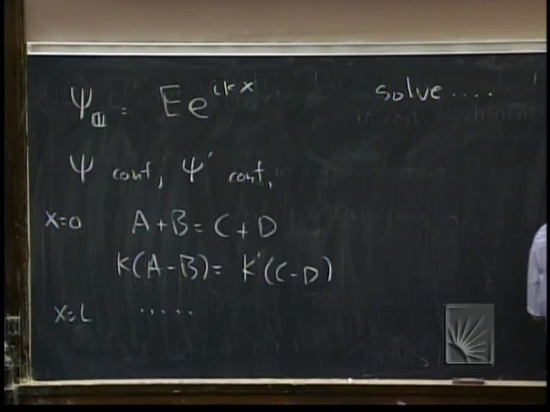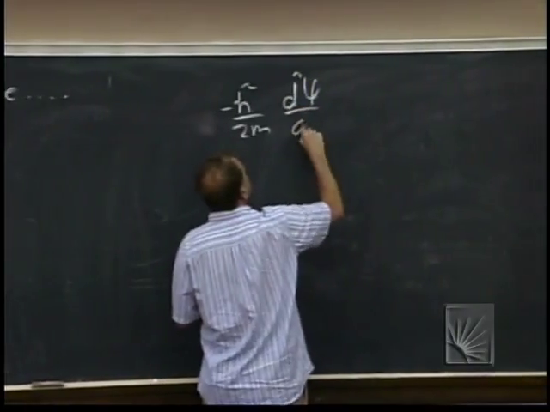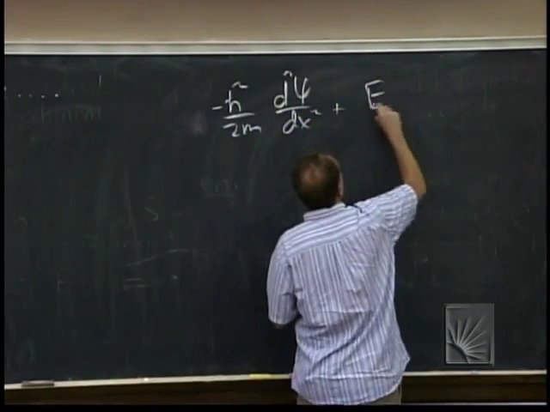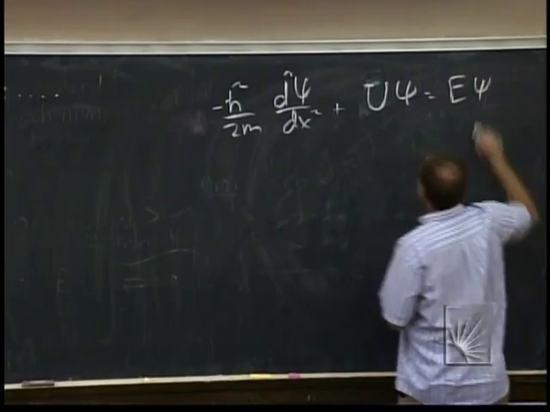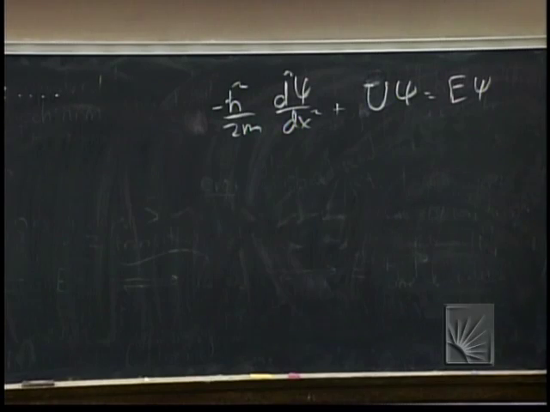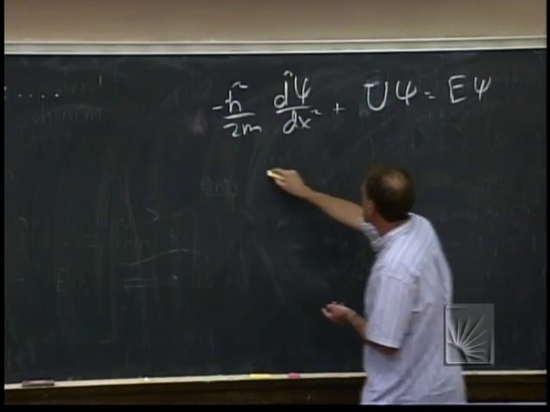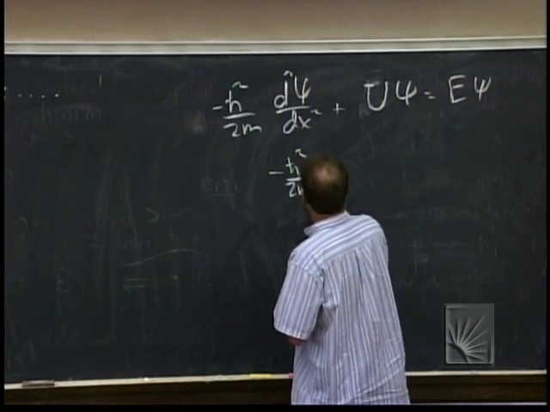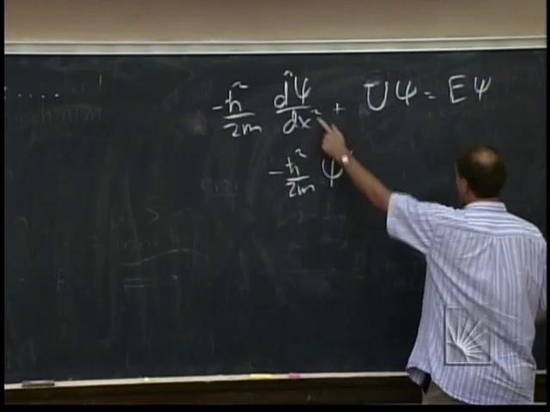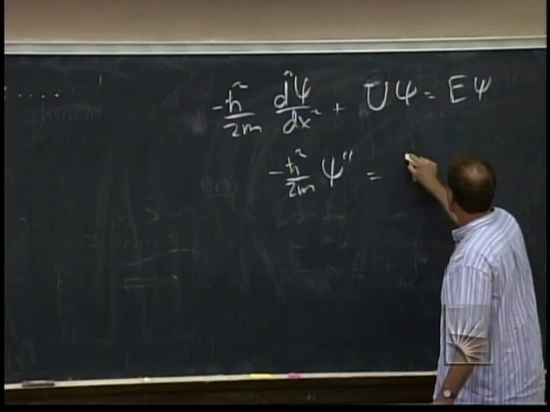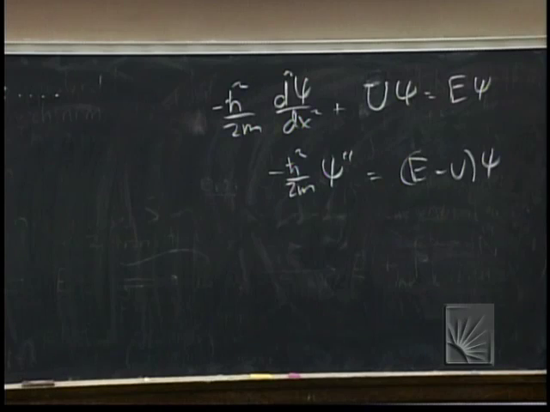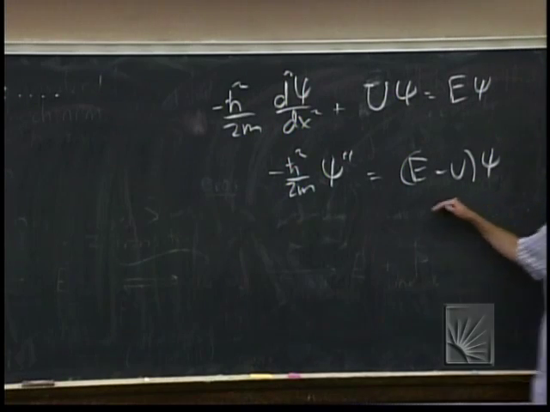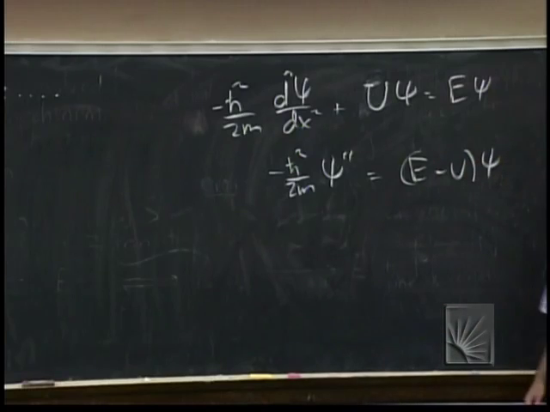But remember, what I'm doing is plugging into the time-independent Schrodinger equation. Maybe I skipped too many steps. I'm plugging into that, which for u being a constant, I'll write psi prime prime for d by dx squared. If u is a constant, it's just that. So essentially I'm just solving this twice, either for u equals 0 or for u equals u naught.